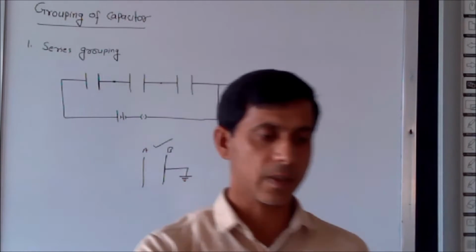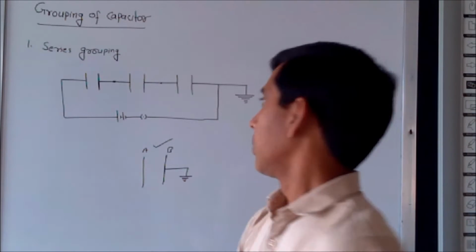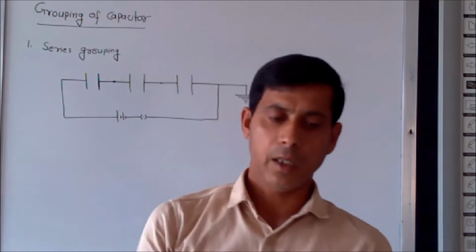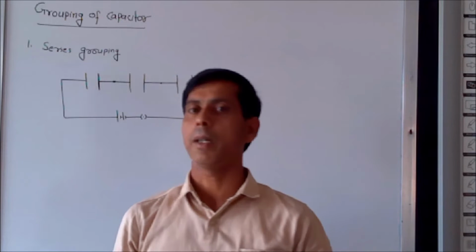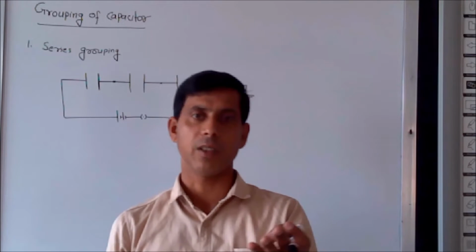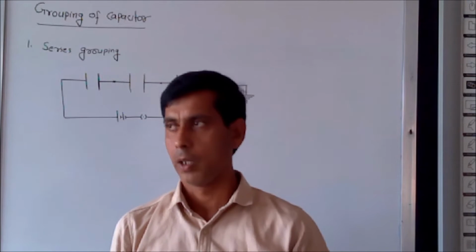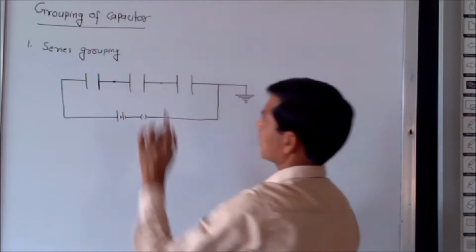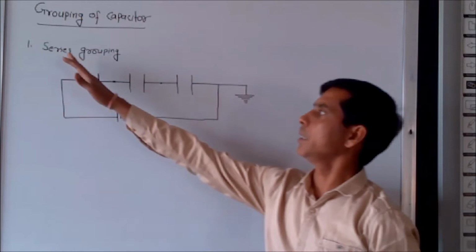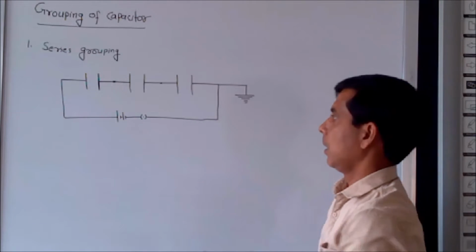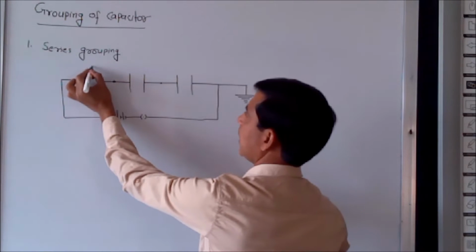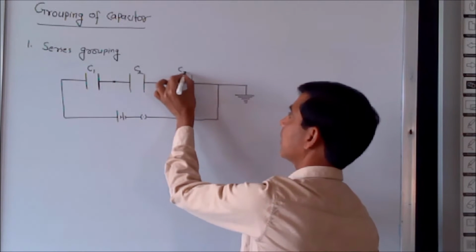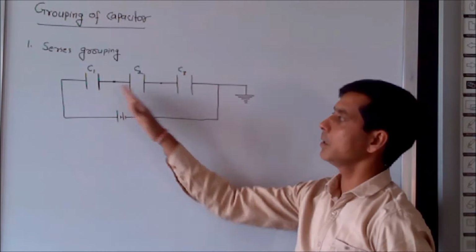Now we discuss grouping of capacitors. Just like in class 10, you studied the combination of resistance in series and parallel grouping, similarly we have grouping of capacitors. First, series grouping. Consider three capacitors having capacity C1, C2 and C3 connected in series.